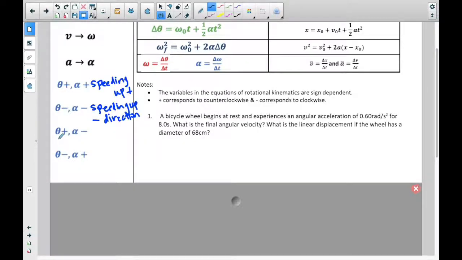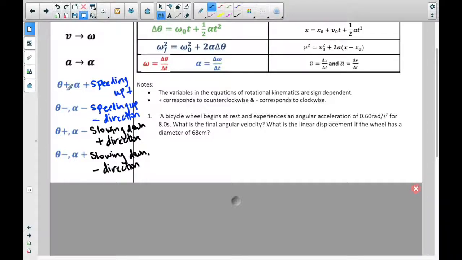If we are going in the positive direction but we have a negative acceleration, that means we are slowing down, but we're still going in the positive direction. We're just slowing down in the positive direction. And in this case, we are going in the negative direction, but we have positive acceleration. Once again, we are slowing down, but we are doing it in the negative direction.